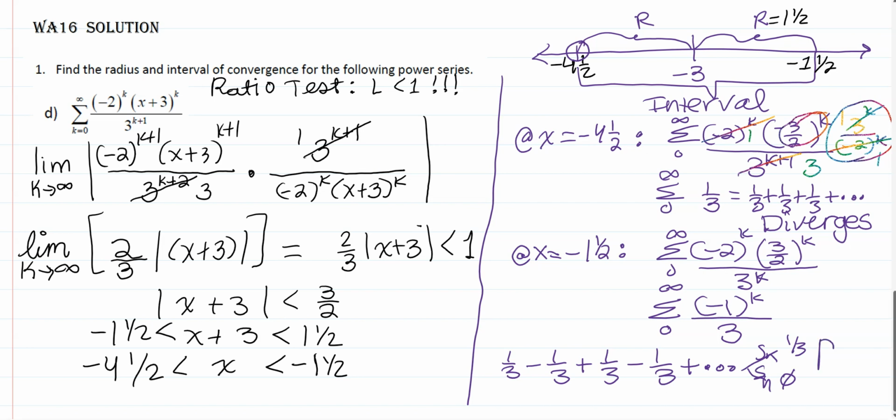So we say that this series diverges as well. So no endpoint here either. That's open. So our interval of convergence goes from -4.5 to -1.5.